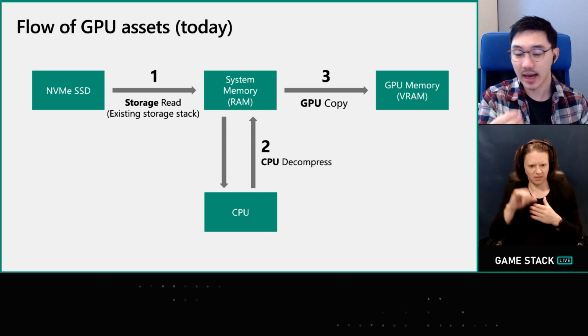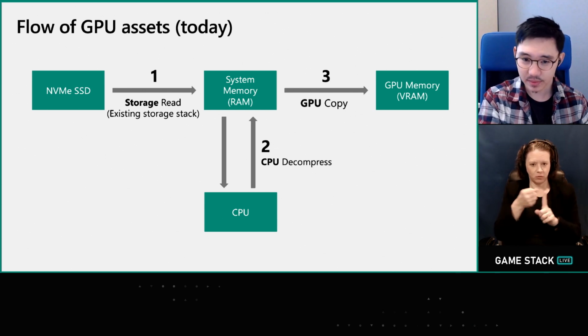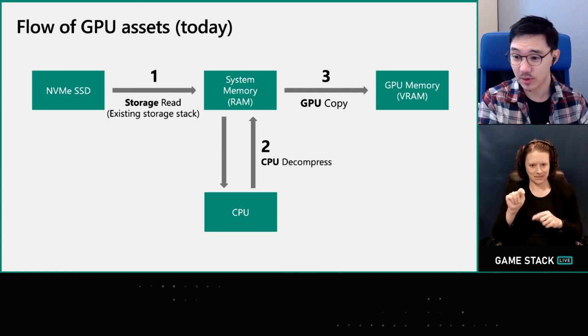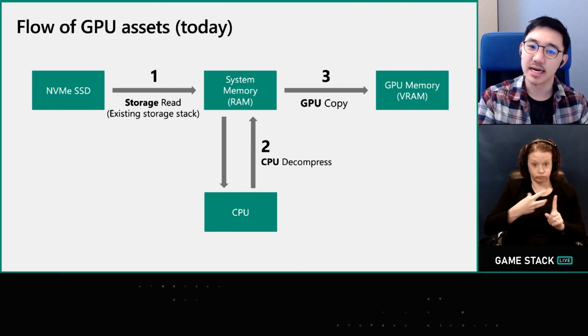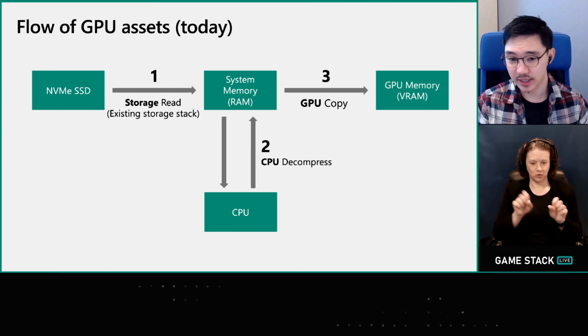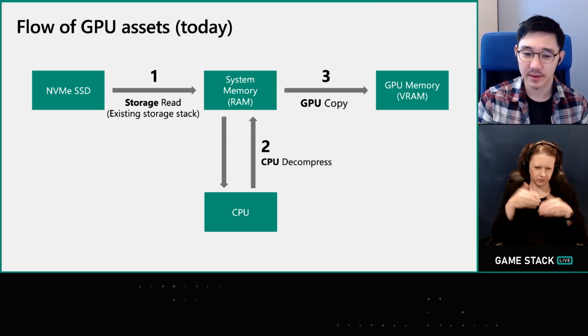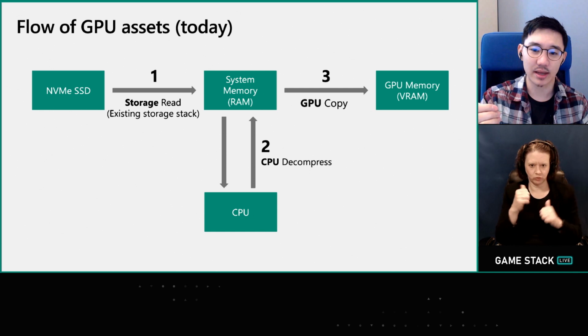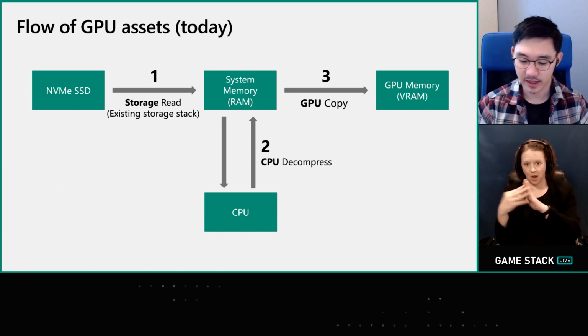And then at that point in time, a game will have to decompress this asset. And so they use CPU decompression. You decompress it, it goes back into system memory. And then for GPU related textures, again, we're focusing on textures just simply because that's the most complex path that we have to consider, you have to copy to the GPU, at which point it can be used finally.